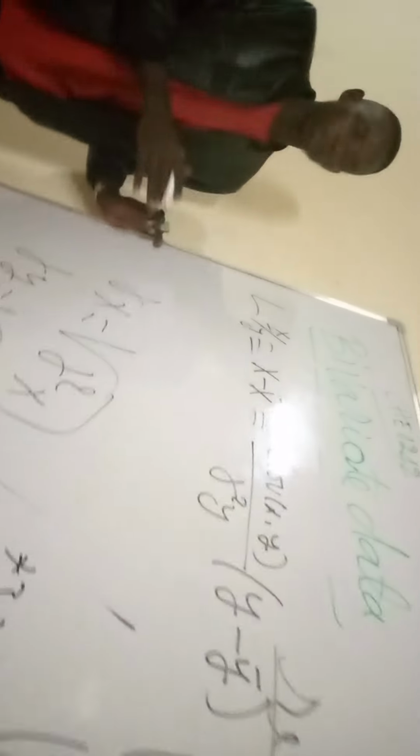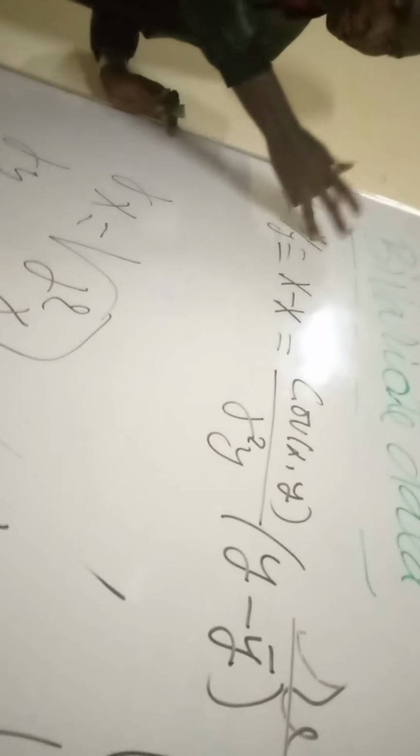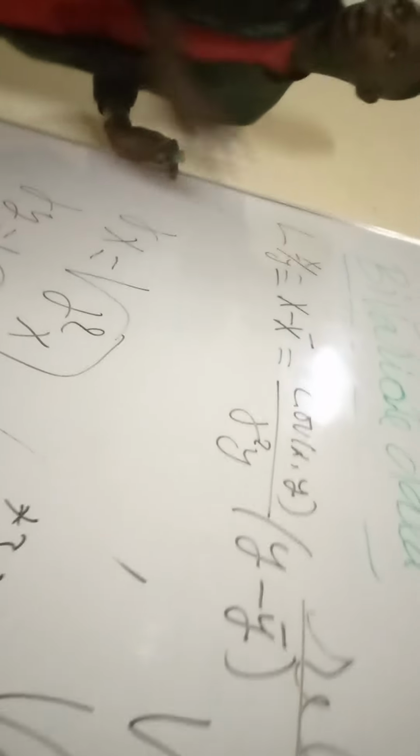This is how you can find a regression line of x on y. Okay? I think this is also understandable.